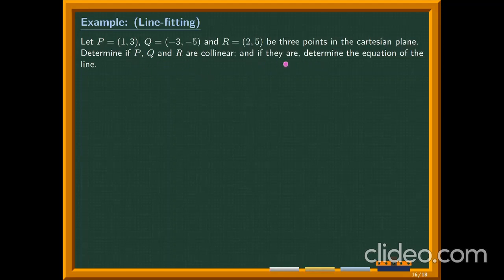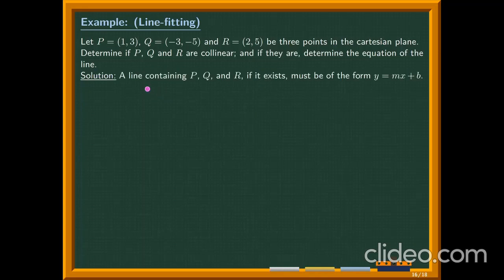And if they are, let us find the equation of the line through them. So because the x-coordinates of the 3 points are distinct, a line that contains P, Q, and R must be of the form y equals mx plus b if it exists. So these 3 points must satisfy this equation.